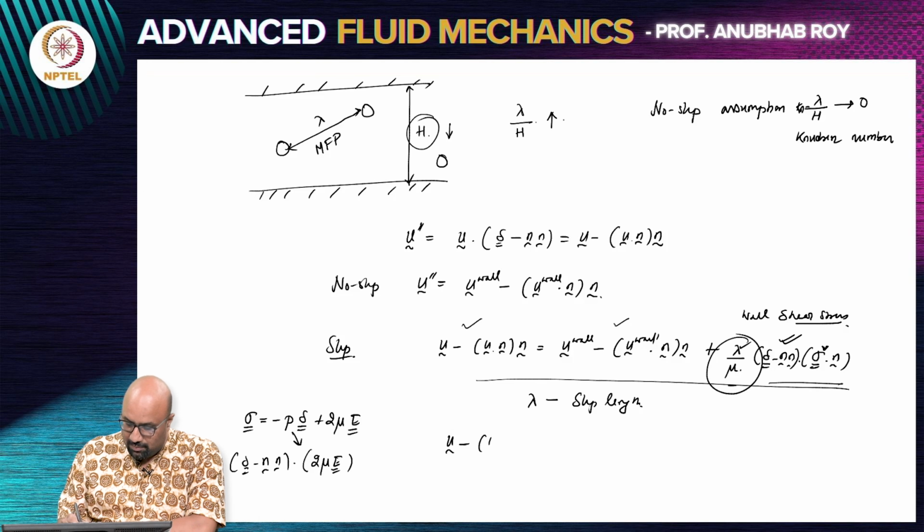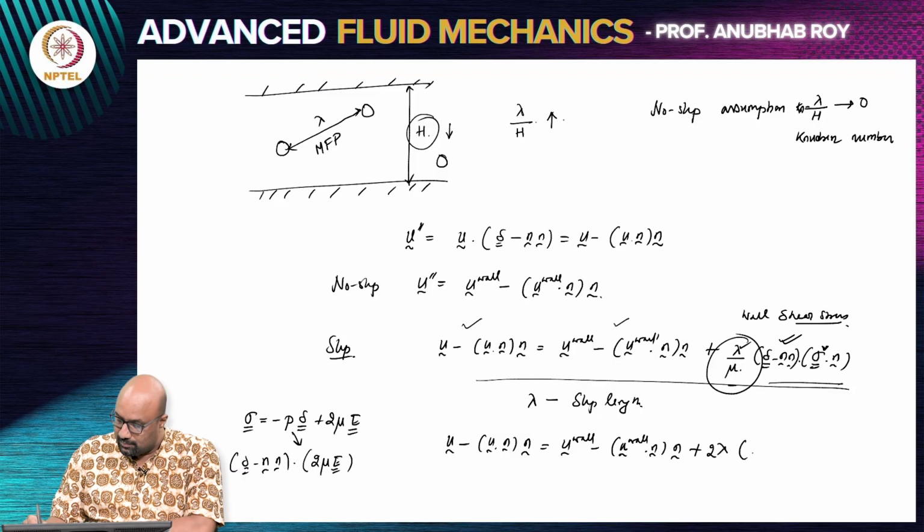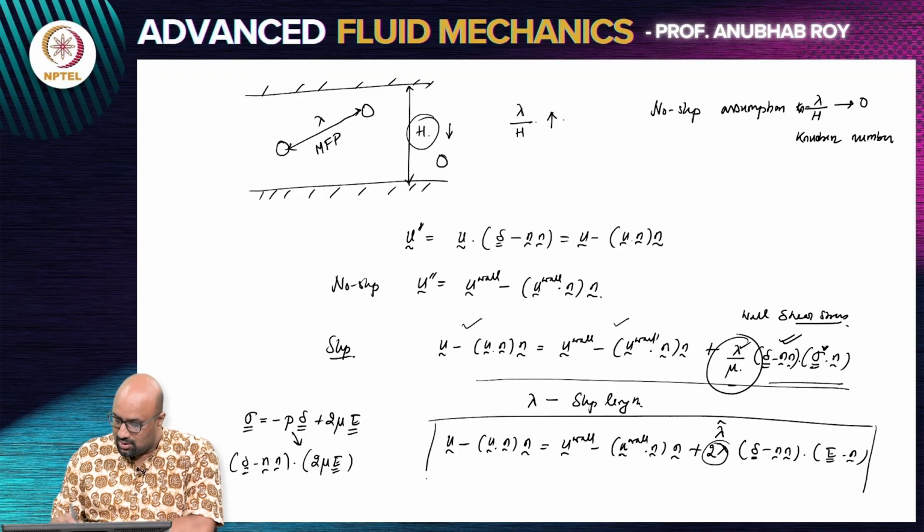So, this then becomes U dot n, U wall minus U wall dot n, plus 2 lambda delta minus nn dot E dot n. Now, this I can just write using one single constant, lambda. So, that is my modified boundary condition at a wall, allowing for a slip.